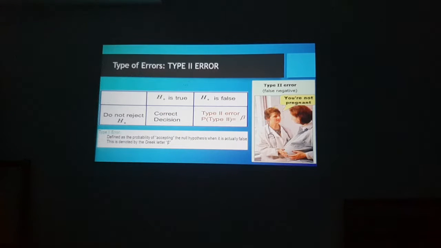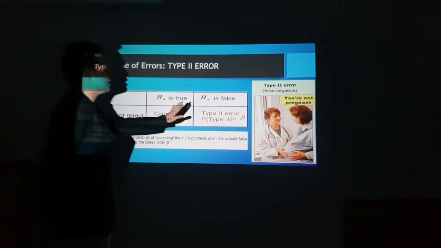Type 2 error. A type 2 error, the other kind of error that is possible, occurs when we do not reject the null hypothesis that is false. This sort of error is called a type 2 error and is also referred to as an error of the second kind. Type 2 errors are equivalent to false negatives.